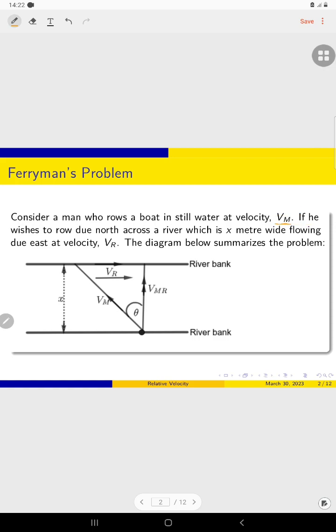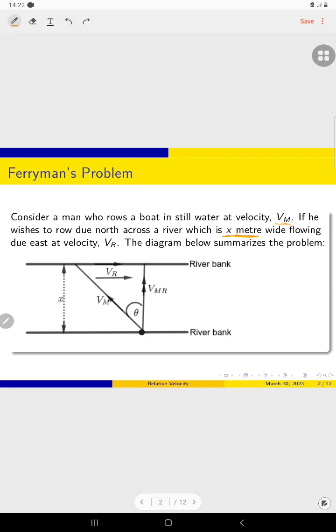If he wishes to row due north across a river which is x meters wide, and the river is flowing towards the east with velocity Vr, then this diagram summarizes the problem.